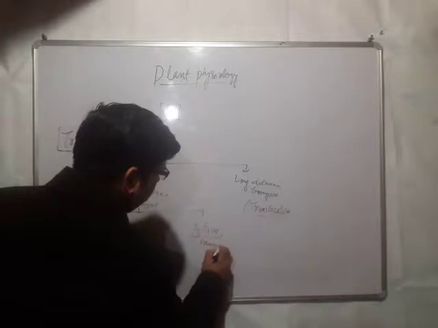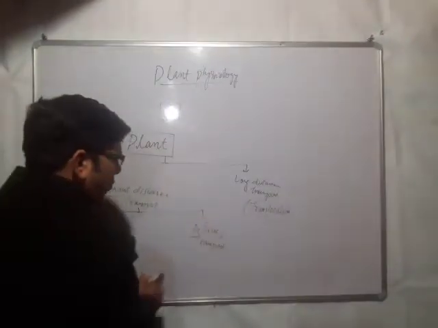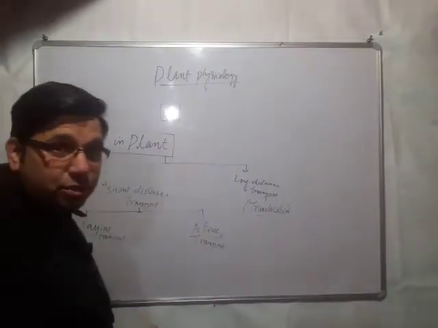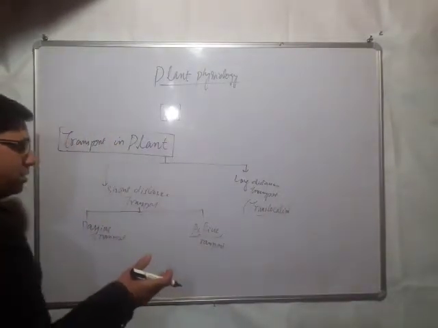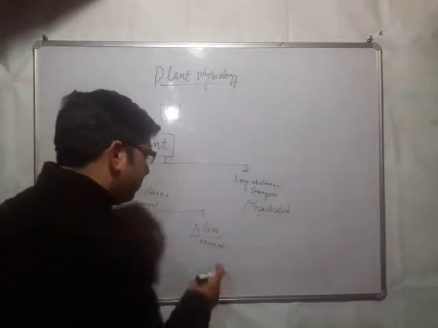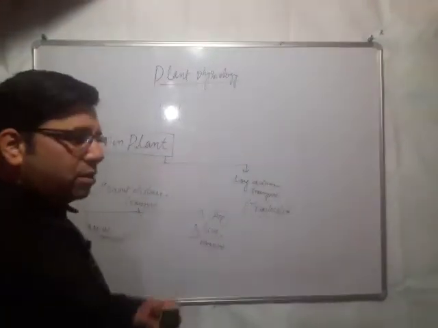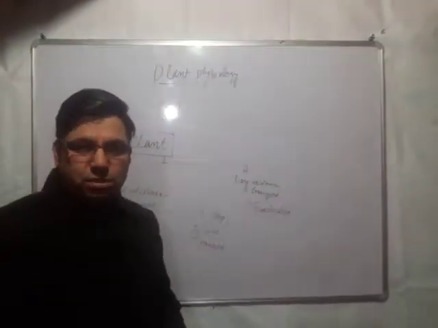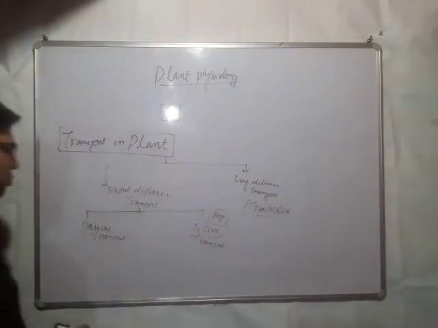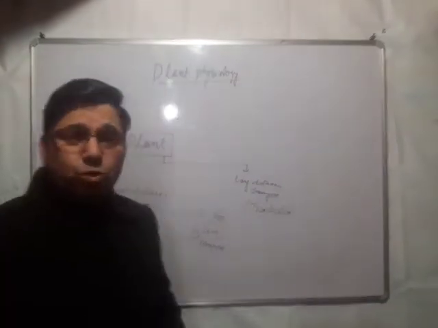The difference is that in active transport there is expenditure of energy, and in living organisms the energy comes in the form of adenosine triphosphate, that is, ATP is used here. In active transport we require the use of ATP, but in passive transport no expenditure of energy occurs. So this is the main difference between the two.